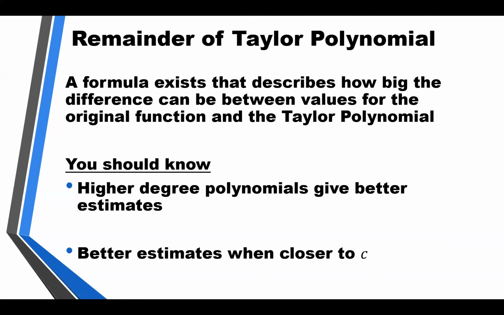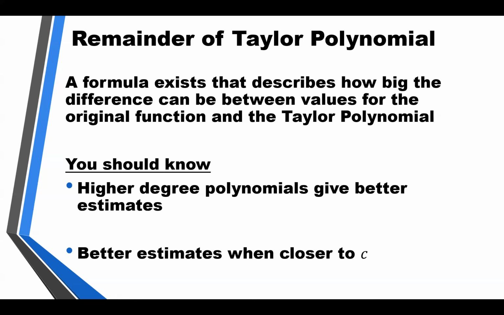These last three examples have shown us that we do get pretty good approximations around the center. Now, there is a formula that exists to show you how far off your Taylor polynomial will be from your original function at certain values. I typically don't use that formula for very much, but we should know that the higher degree Taylor polynomials will give better estimates.